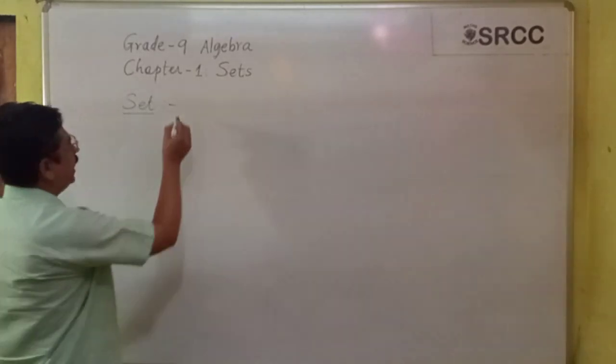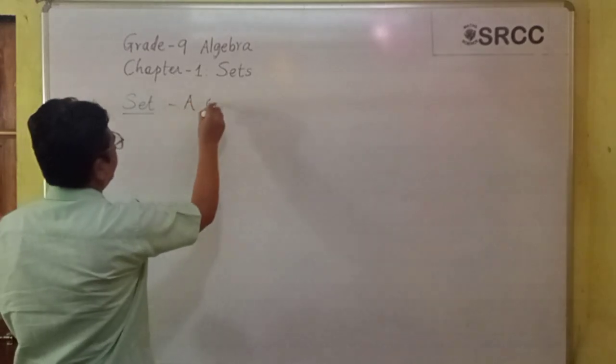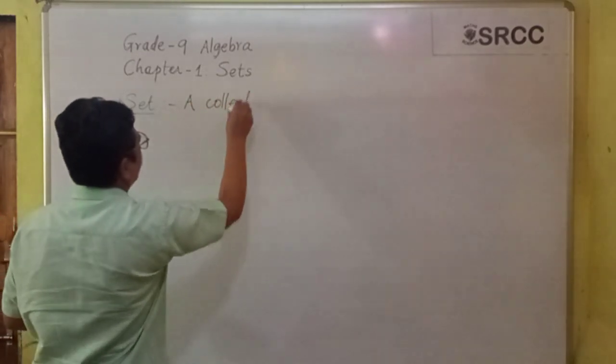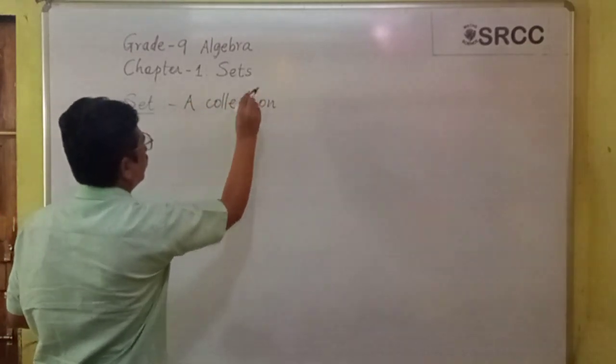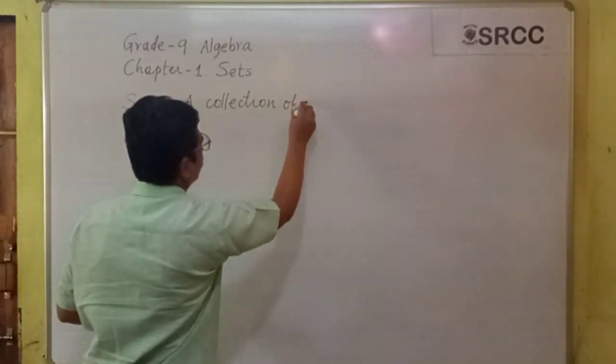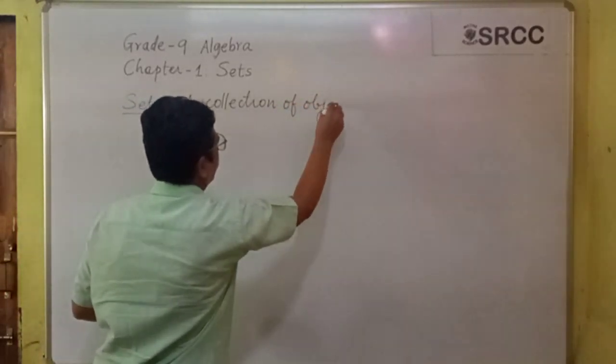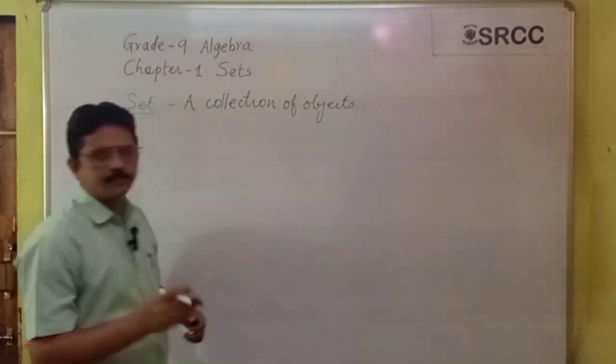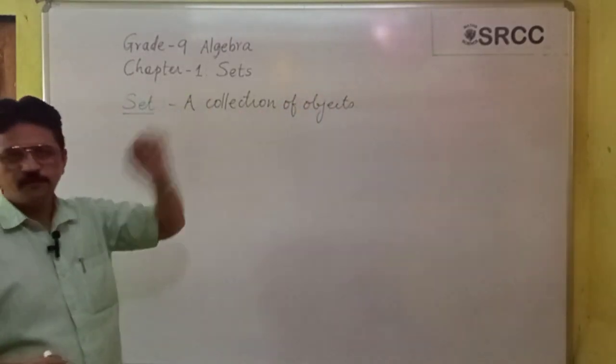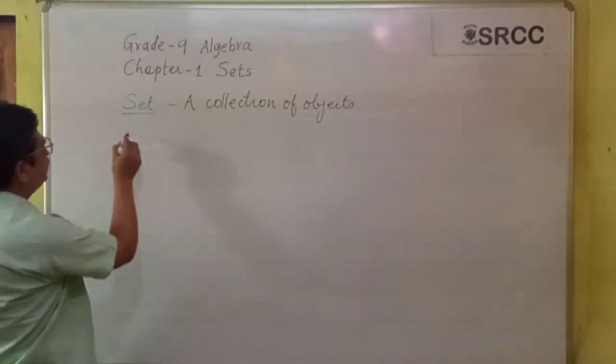A set is defined as a collection of objects. A set is a collection of objects. Let us take some examples.